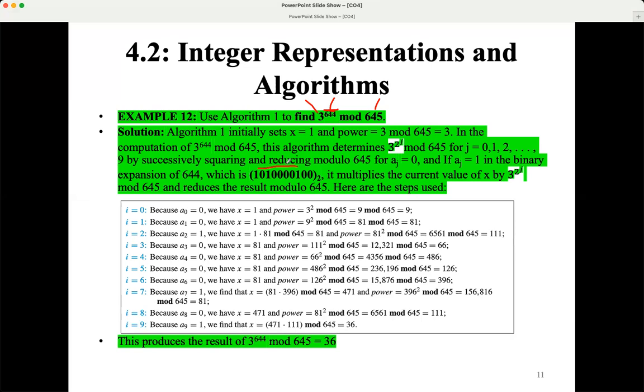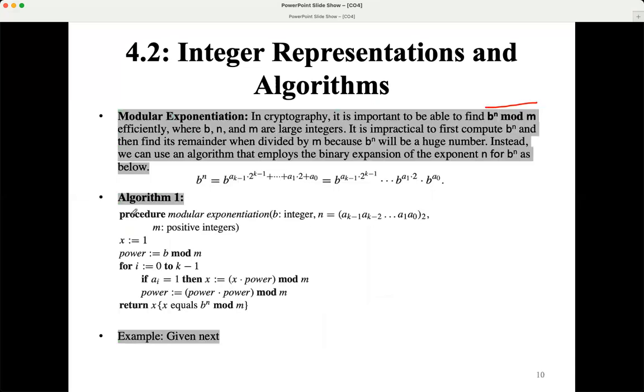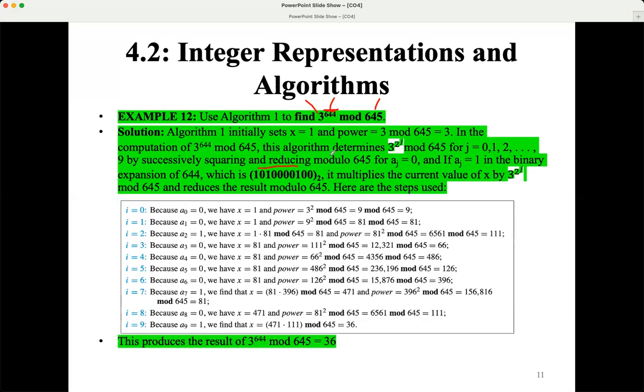What you have to do is assign x equal to 1, and power equal to b mod m. Here b is 3 and m is 645.